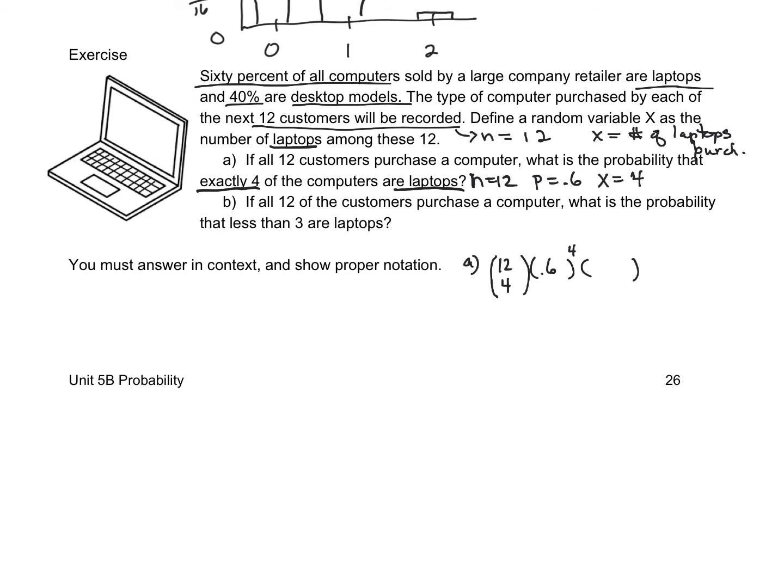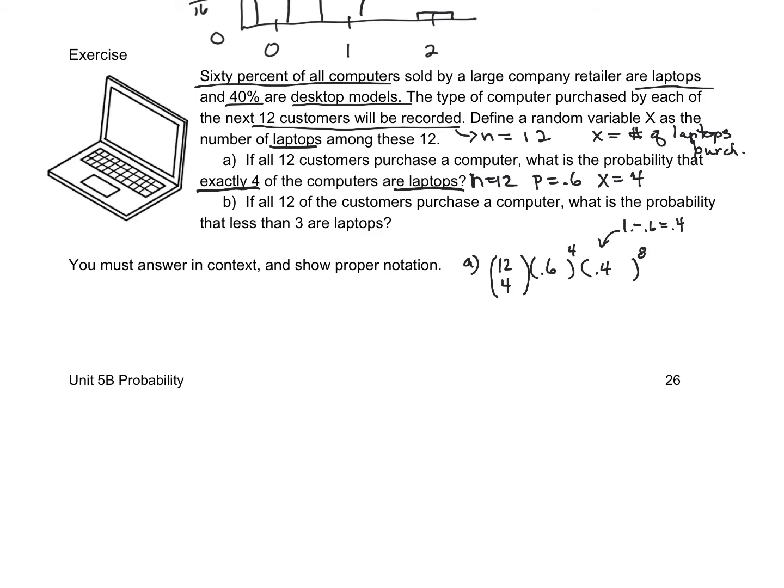If 0.6 is success, then what is failure? 0.4, which is 1 minus 0.6. And what number goes up with it? 8. Why 8? Because it's n minus x, your failures. If you had 4 successes out of 12 trials, 12 minus 4 is 8. That's how you would see it on the exam in the multiple choice section.